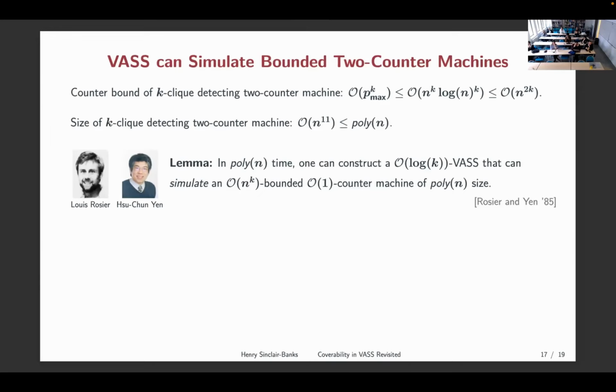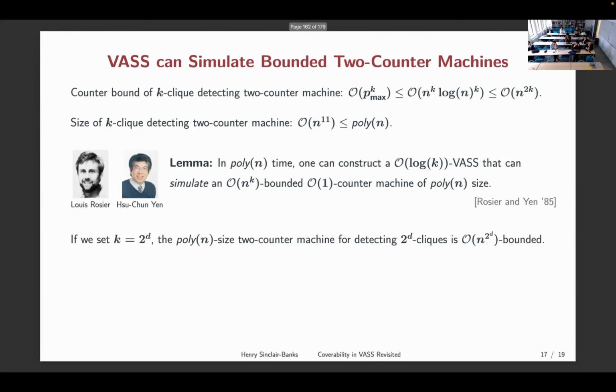In polynomial time, one can construct a log of the exponent of the bound counter VASS that can simulate this bounded constant counter machine of size poly n. So if I exactly plug in the values, we have set k to be 2 to the d, because we're reducing from the 2^d clique detection problem.